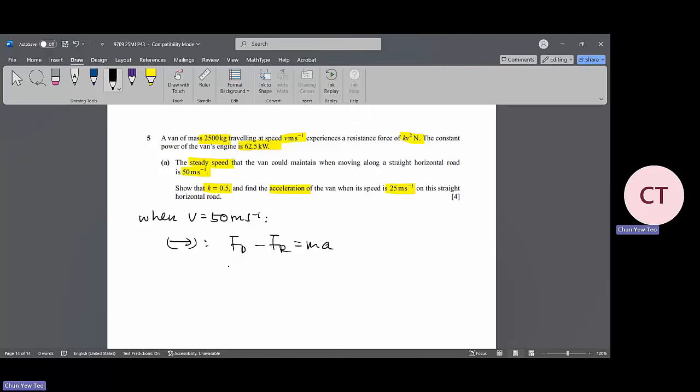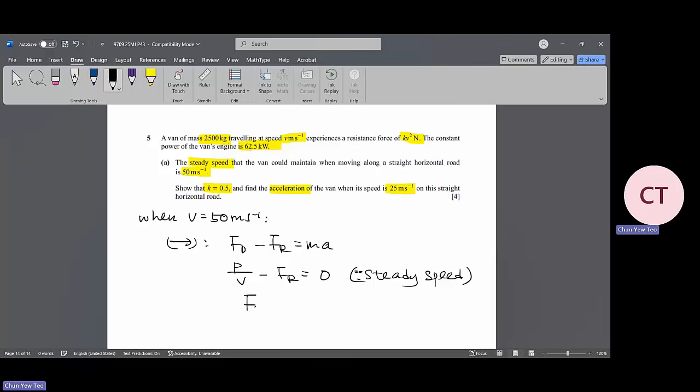Your driving force will be given as P over v, minus F_R, is equal to ma, which is equal to 0, because we have a constant steady speed. Because of steady speed, your acceleration will be 0.